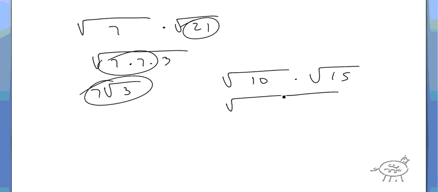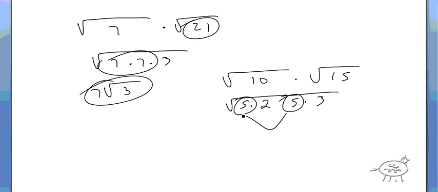All right, so another example could be square root of 10 times the square root of 15. I mean, you know that they both have a 5. So why not just write it as one big square root, and 10 is 5 times 2, 15 is 5 times 3, and you have a pair, you pull the 5 out.